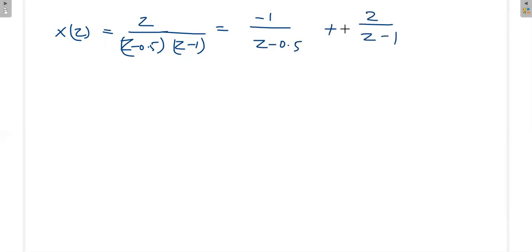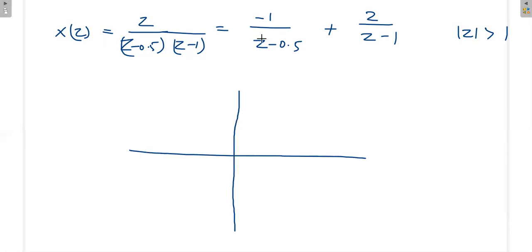Now what is the ROC? ROC mod z is greater than 1. ROC is very important because based on the ROC, the result will vary. So just now we'll draw the ROC diagram.